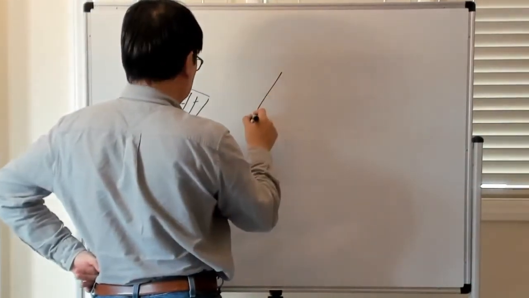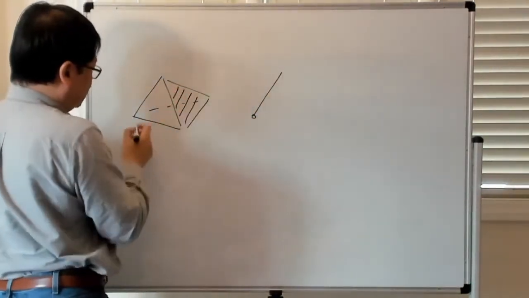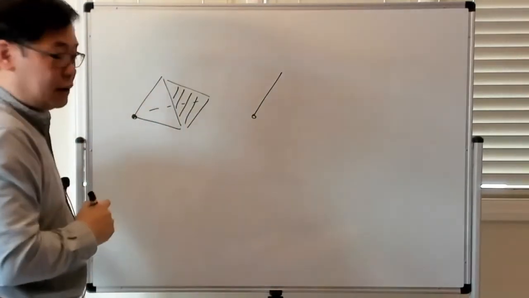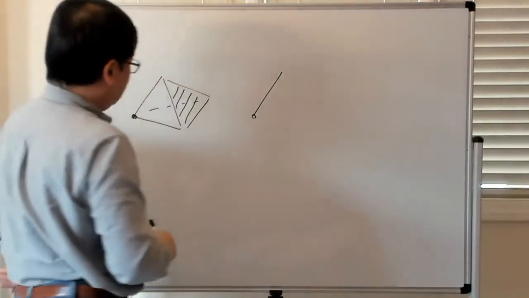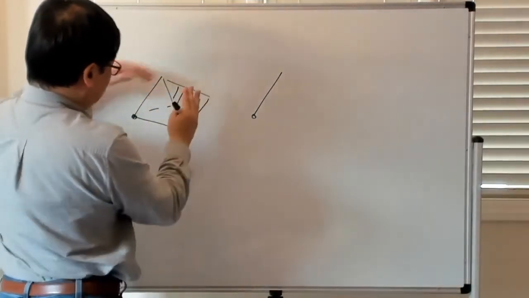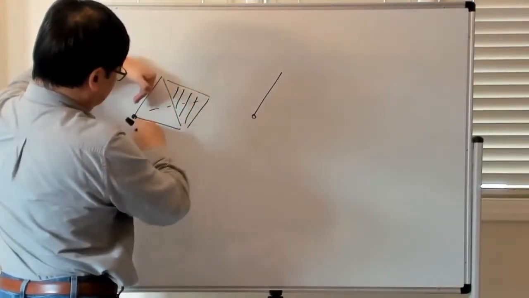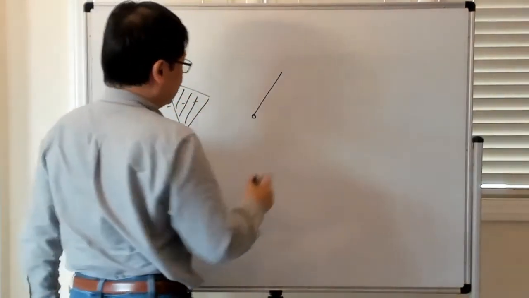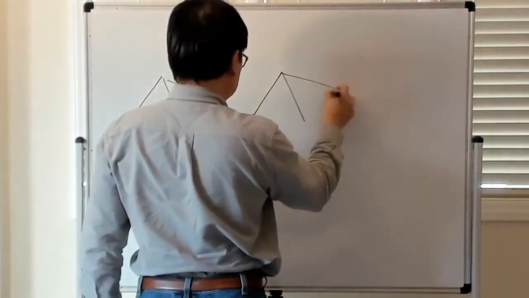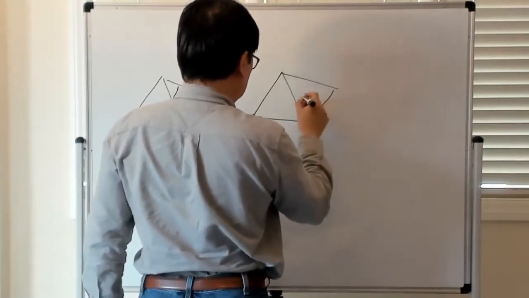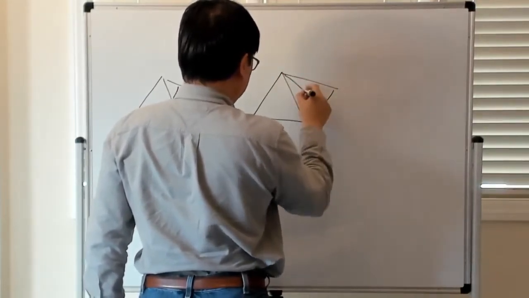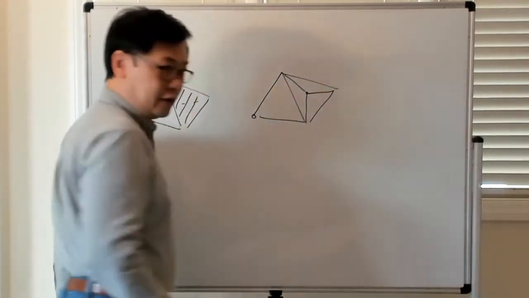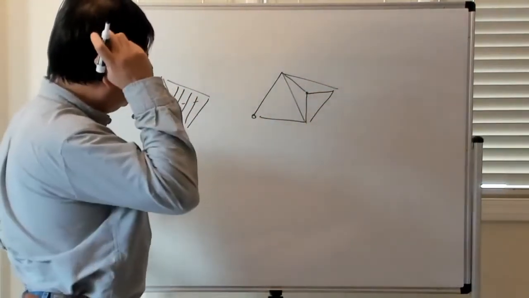If you choose one of these faces, then there's one vertex which is not included in that face, which is this point here. And the intuition is that you want to somehow deflate this so that you pull everything back down to that vertex. So how do you go about doing this? One way to think about this is that you can look at the barycentric subdivision of that face.